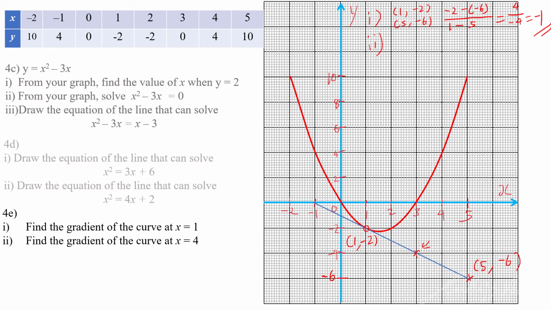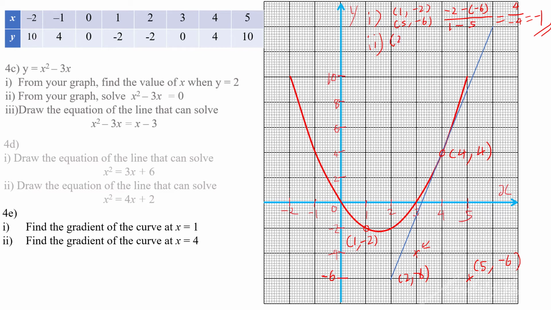And for part 2, you should have this line or this tangent. Again, I will use the coordinate of x is 4, and when x equals to 4, y also equals to 4. So I will just draw this line until I reach a nice number that I can use. Over here is 2, -6.